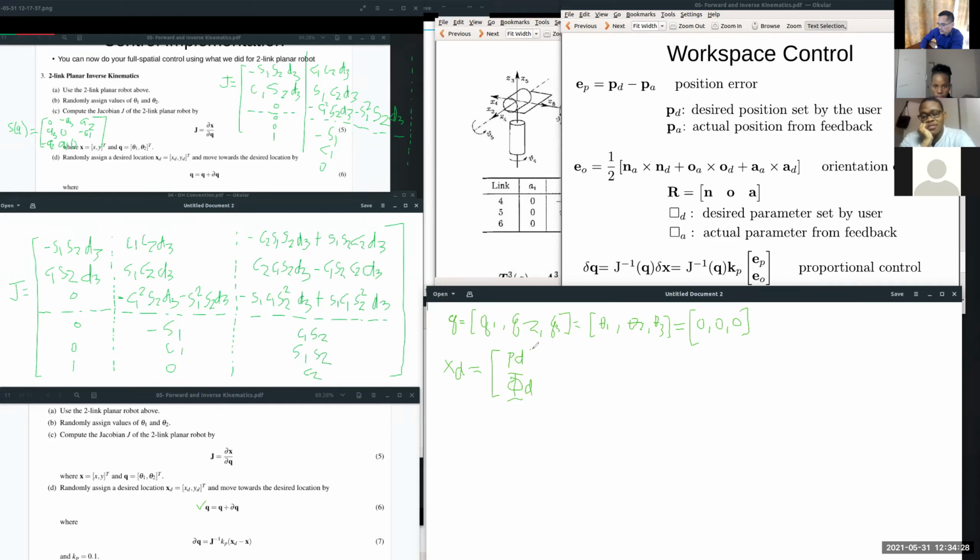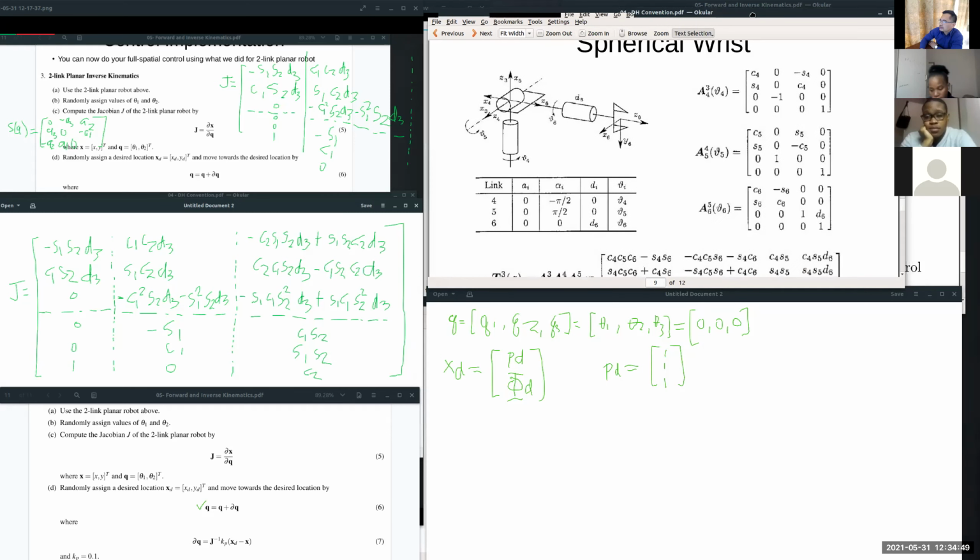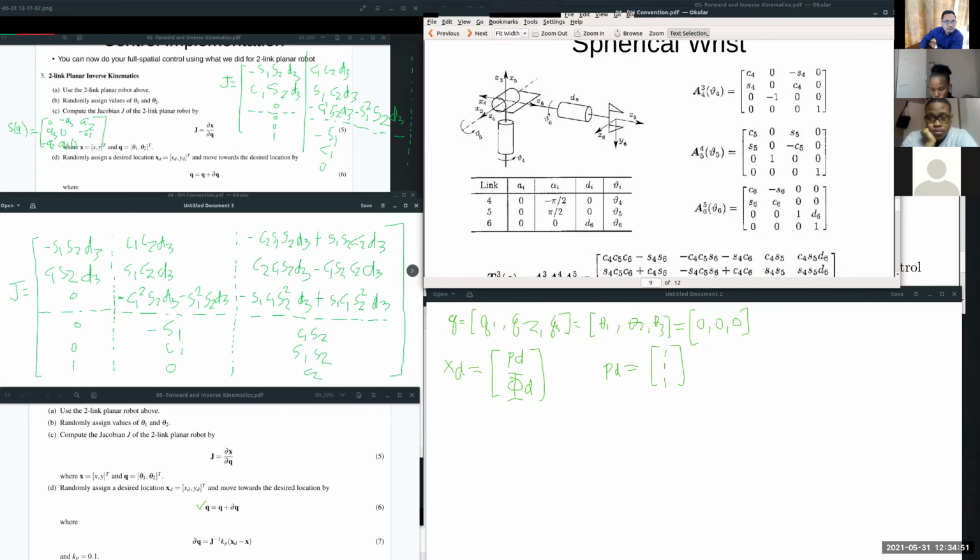Let's start with position first. So we say our desired position, PD, let's just say that it is 1, 1, 1.